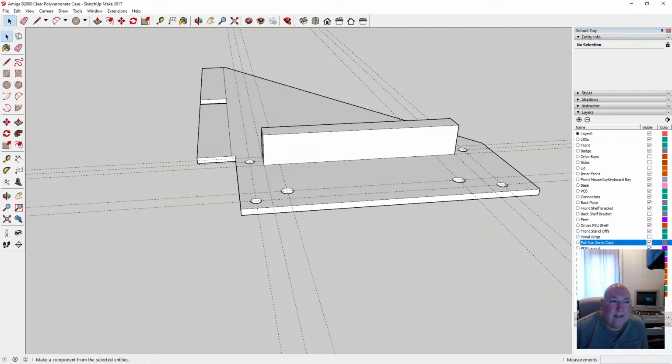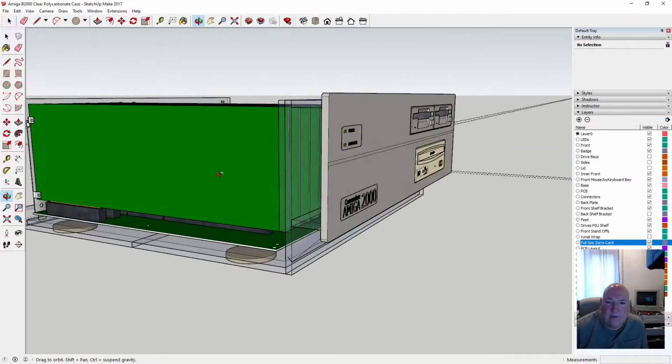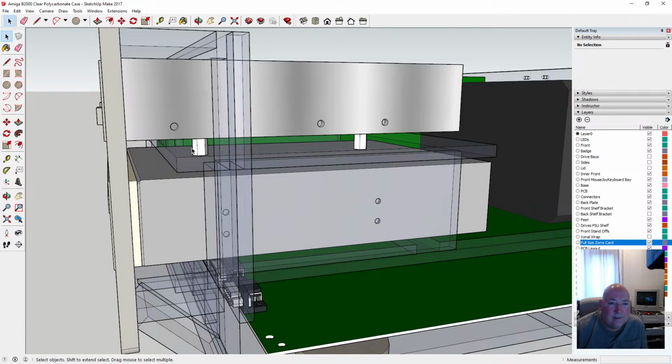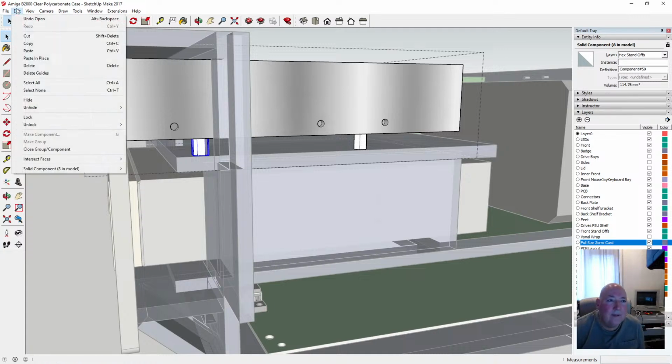I've already got some standoffs made, so let's find them. I'll put them on the floppy drives. They look standard standoffs, yeah. Copy.